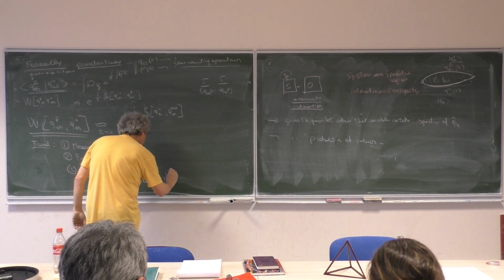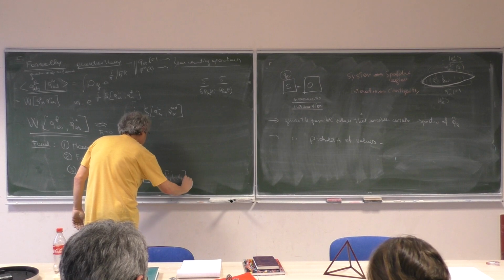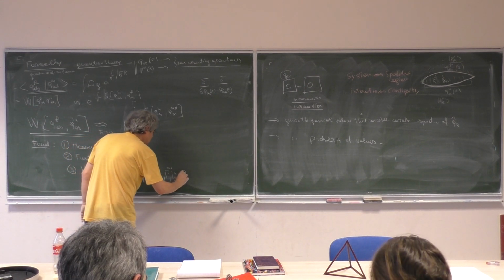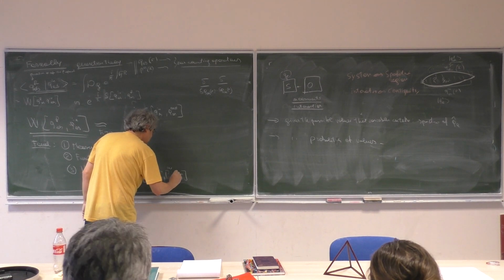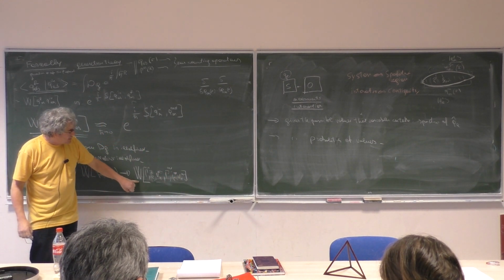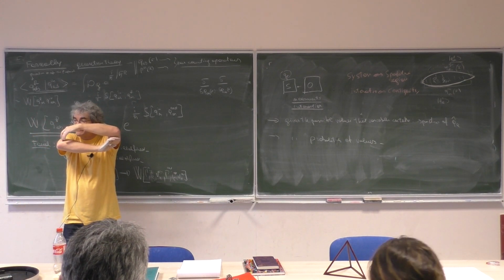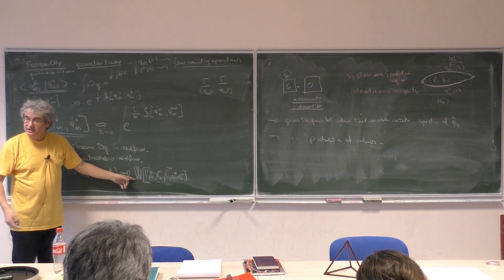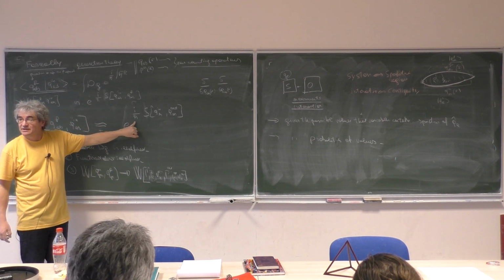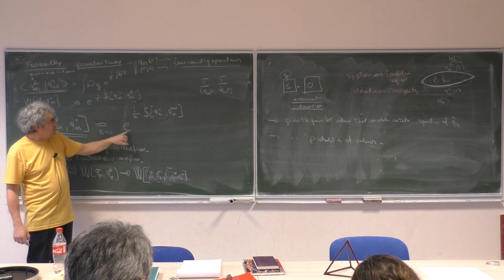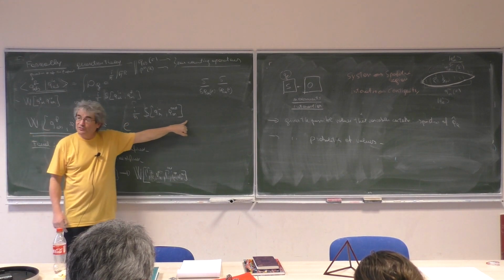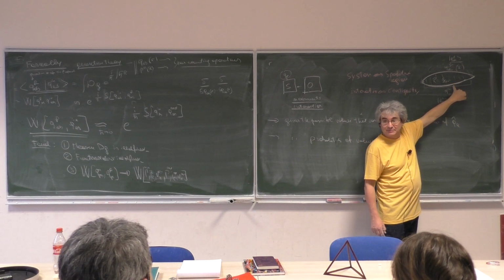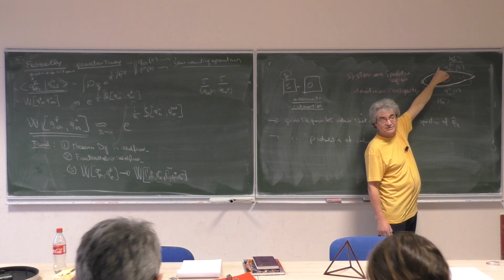A function of the spin network labels, gamma, J, L, V, N, in and out. So we want something that, given an initial spin network and a final spin network, gives a complex number such that in the h bar going to 0 limit, this complex number is e to the i over h bar, the Hamilton function of the 4-dimensional geometry determined by the geometry approximated by the quantum discrete geometry here and the quantum discrete geometry there.